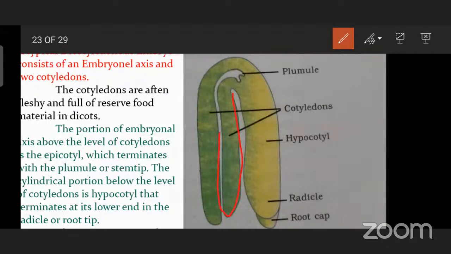See here, two cotyledons. The cotyledons are fleshy and full of reserve food materials in dicots. The portion of the embryonal axis above the level of the cotyledons is called the epicotyl, which terminates into the plumule. See here, this is the plumule or stem tip.